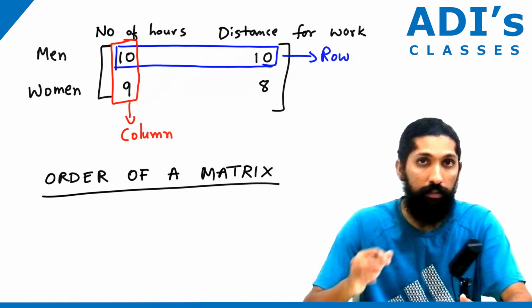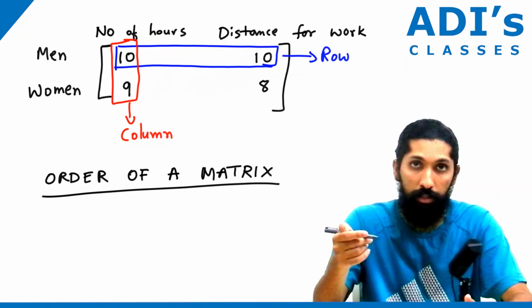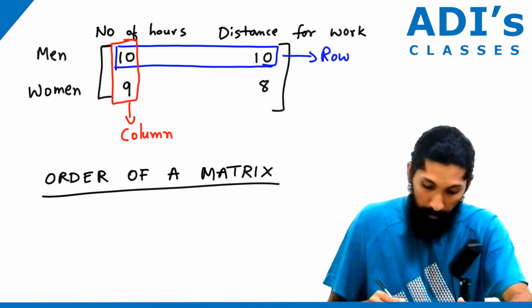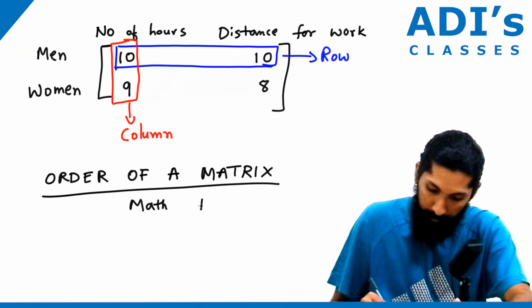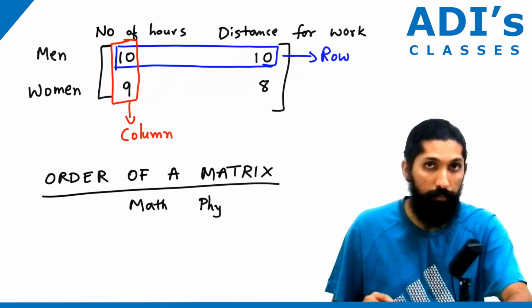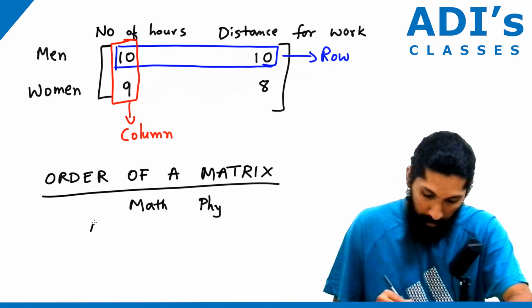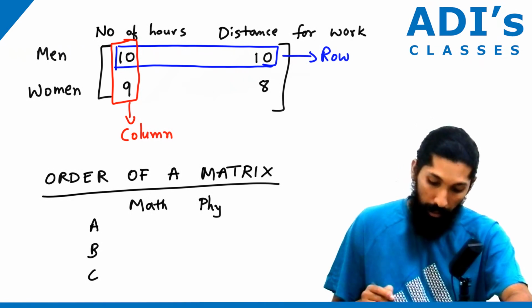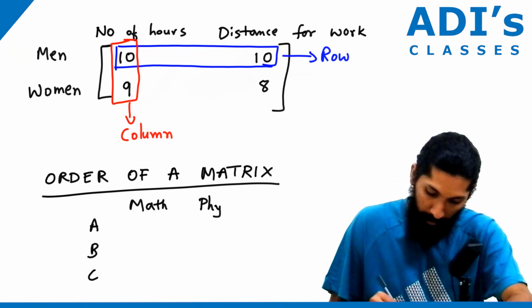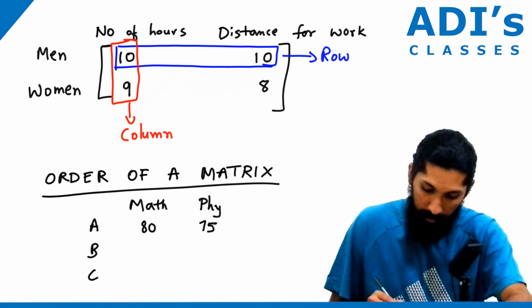Assume we are looking at 3 students and their scores in 2 subjects, let's say math and physics. Let's say the 3 students are A, B and C. Now A scores, let's say, 80 in math and 75 in physics.